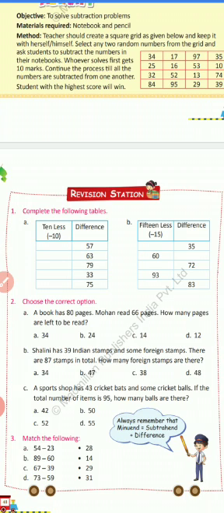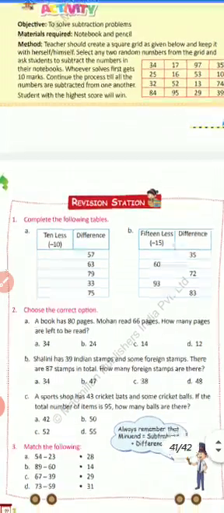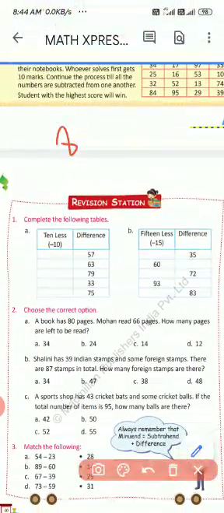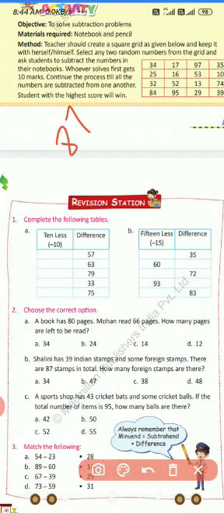So we have to know how many foreign stamps are there. So total 87, we can write 87, and Indian stamp 39. So we have to subtract 39 from 87 and the remaining number will be foreign stamps.